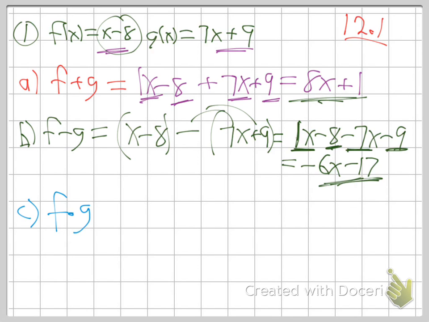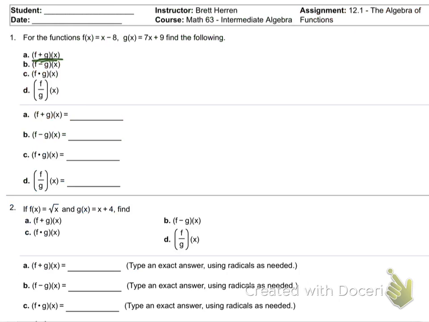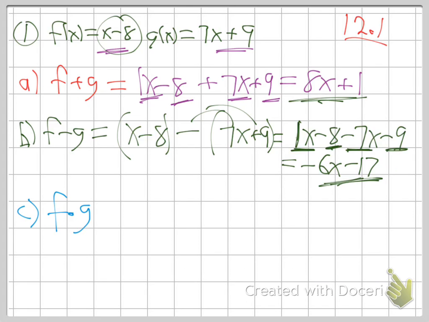Now multiply. f times g. Now we're going to multiply the two functions. So this is going to be f times g.